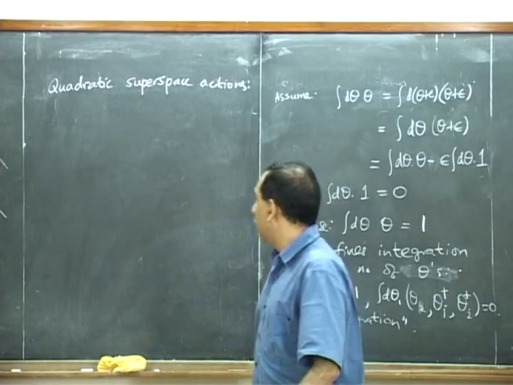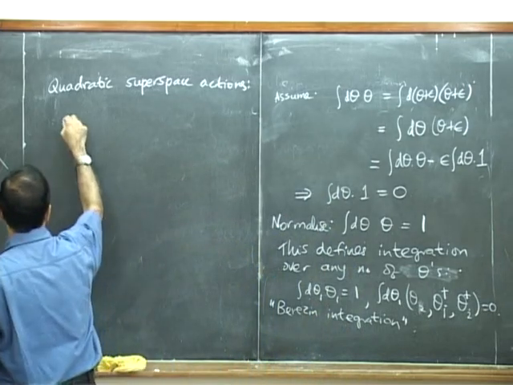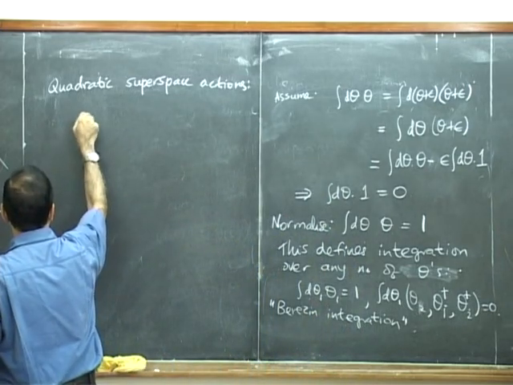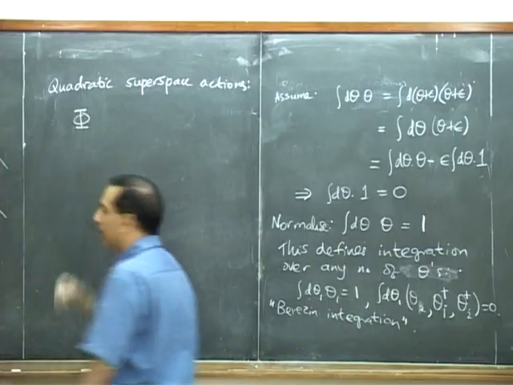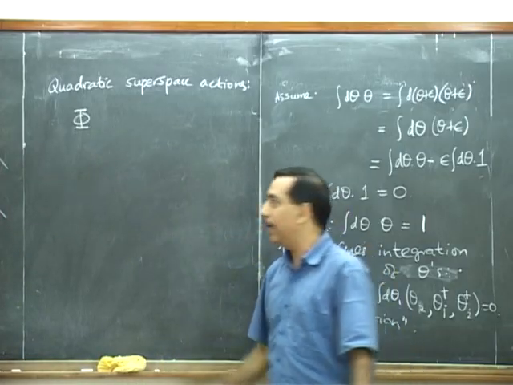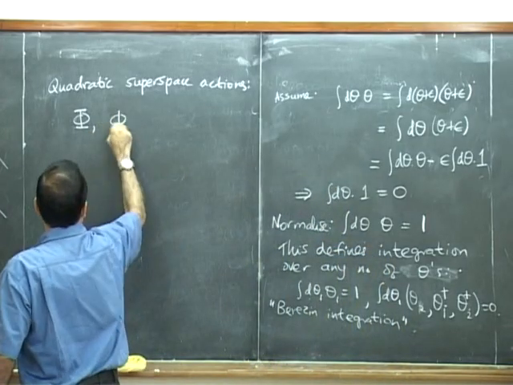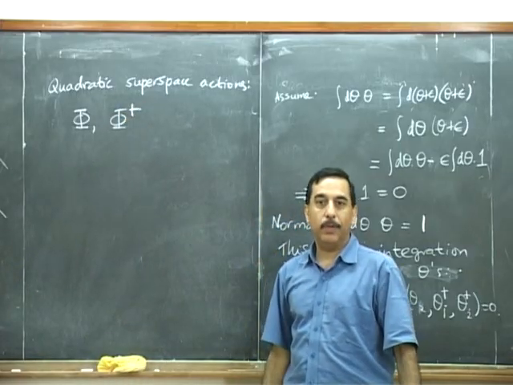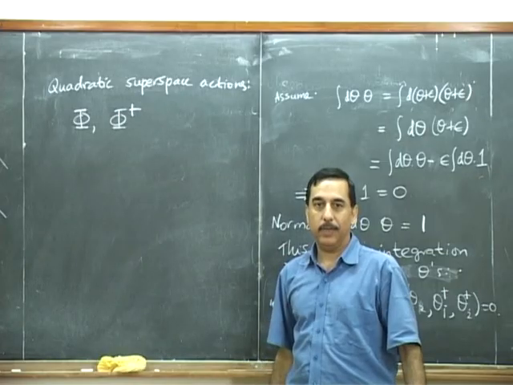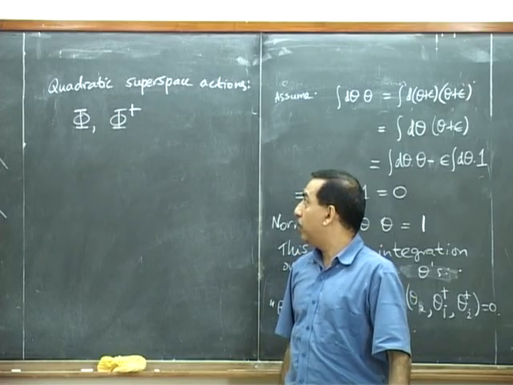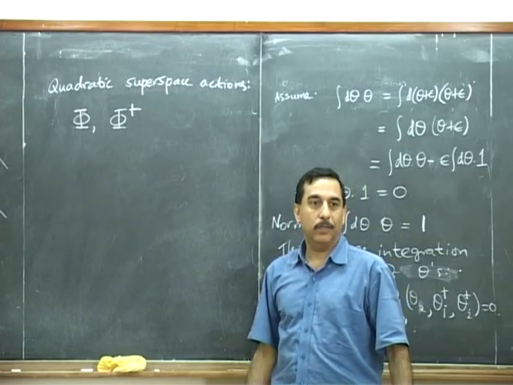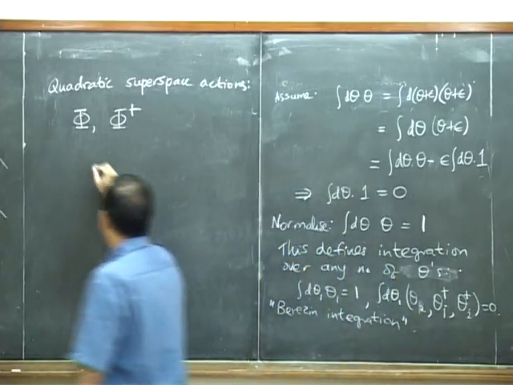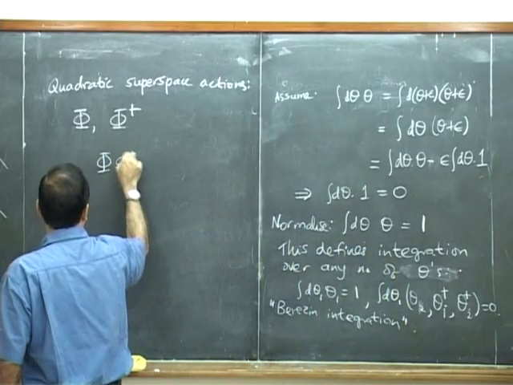Now we've seen that superspace actions can be of two types. First of all, let's do this with only one chiral superfield phi, and its complex conjugate phi dagger. This capital Phi will always be chiral; I won't always be specifying that. There are two ways I can make quadratic terms out of this. One is to take phi times phi dagger.